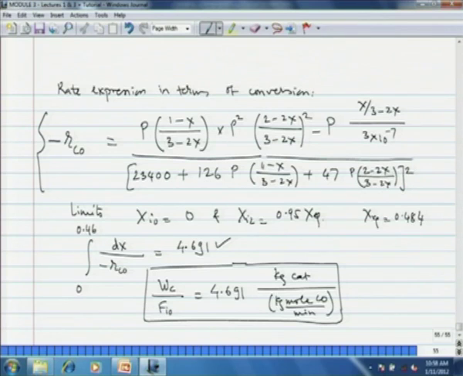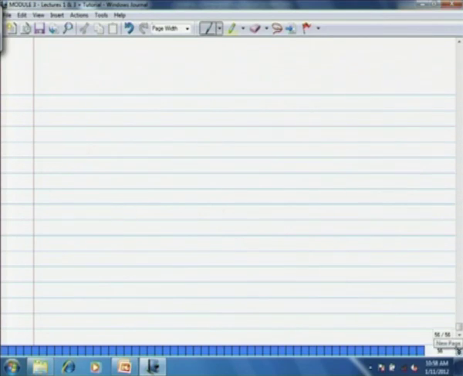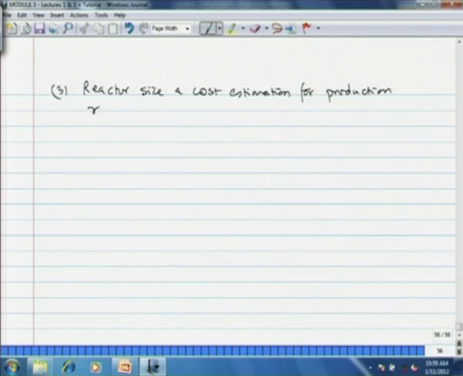We move to the third bit of the problem, that is reactor size and cost estimation for production rate of 50 metric ton per hour of methanol. Now, the stoichiometry is 1 mole of methanol is produced per mole of CO converted.